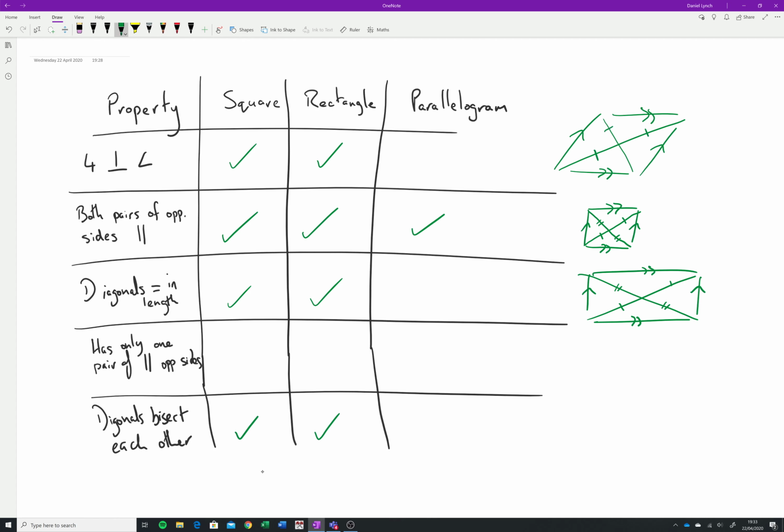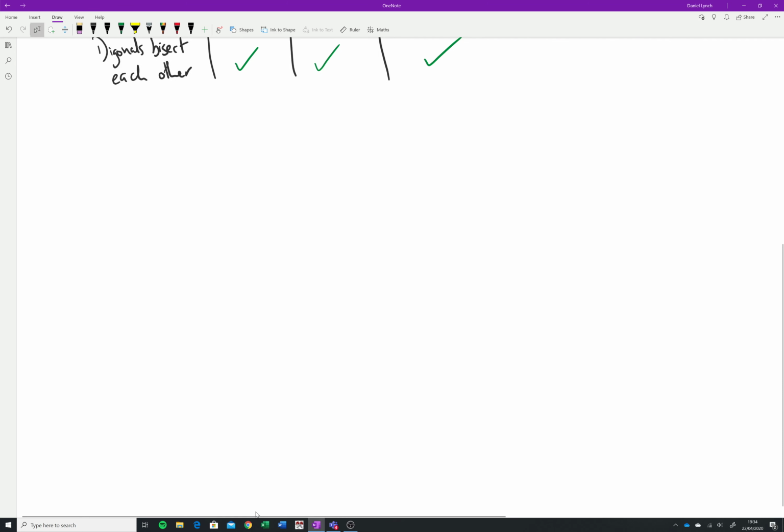That is that length, and then these are also bisected, not the same as each other, as in the 2 dash is not the same as 1, but each diagonal has been cut in half, compared to itself. So it's also true for a parallelogram. So that's what we have there. That's that one. That was question 1A. We'll move on to question 1B.